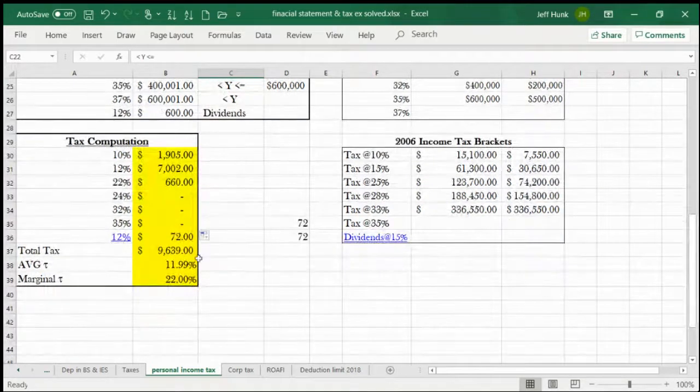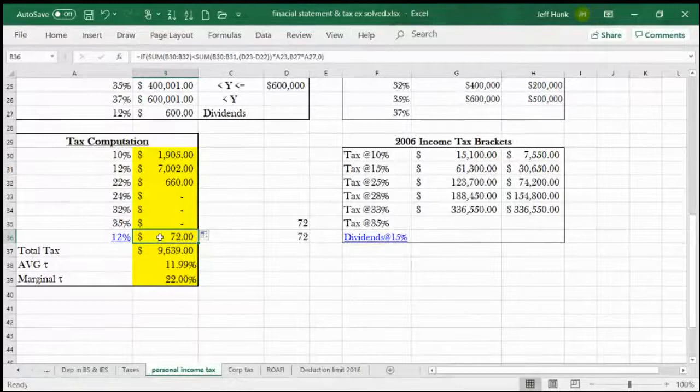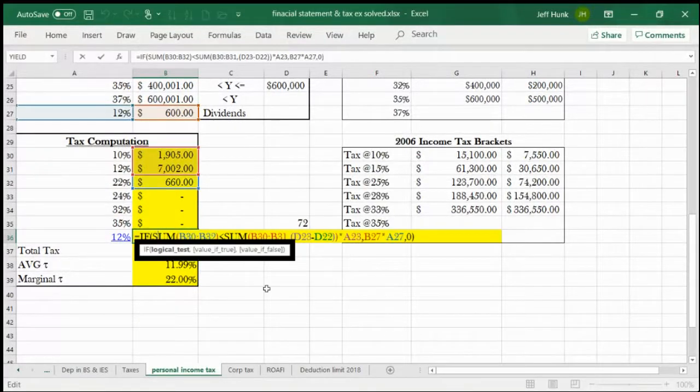So we have to check whether our marginal tax rate is in the next bracket or still in the 22% bracket.